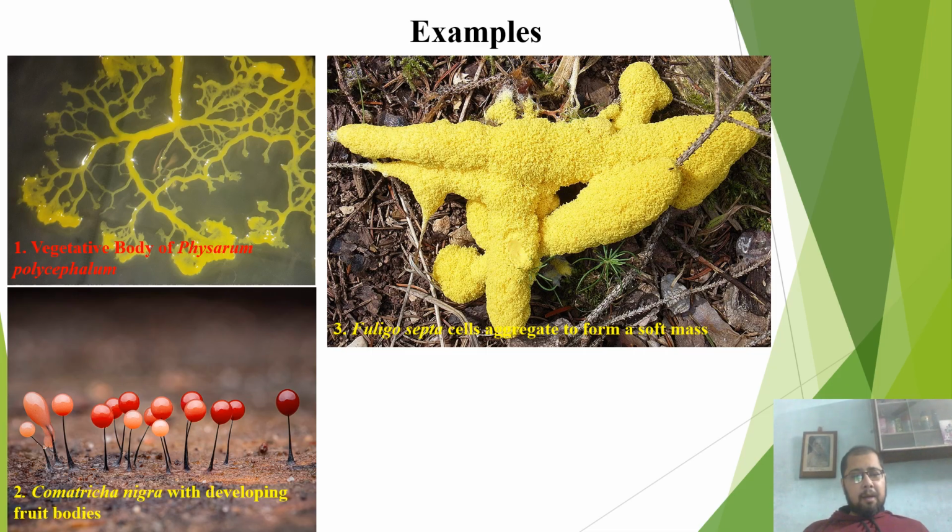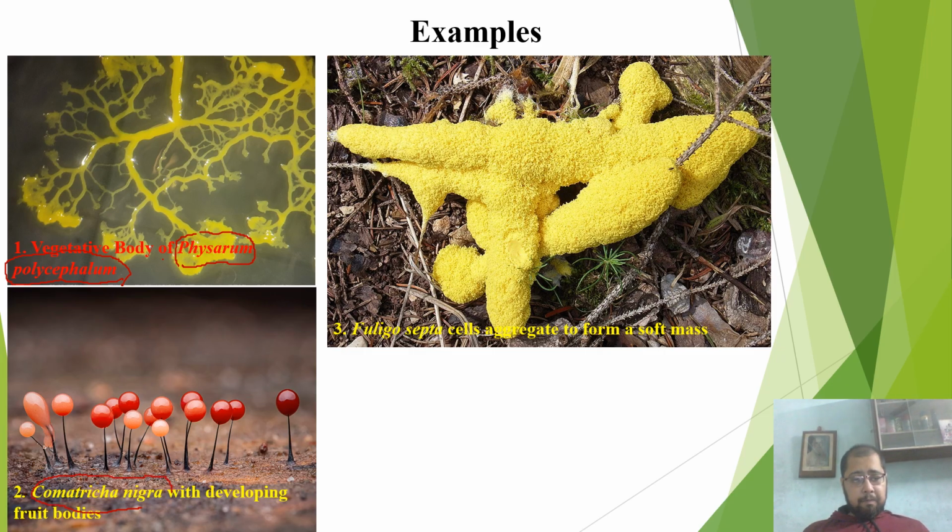Now here are a few examples. This is the vegetative body of Physarum polycephalum, which is a slime mold that is known to have primitive cognition and navigating abilities, and is being studied for that purpose. These are fruit bodies of Comatricha nigra.